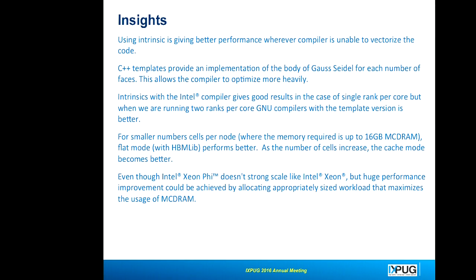If you're not using the MCDRAM completely, like you're just giving a smaller size, or giving an overpopulated one, that will also give a penalty, and you end up having the problem of using MCDRAM with improper allocation of the data. Plus, the KNL cluster definitely has lots of ranks as compared to Broadwell, so you have that penalty as well.